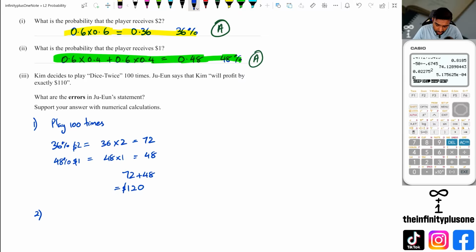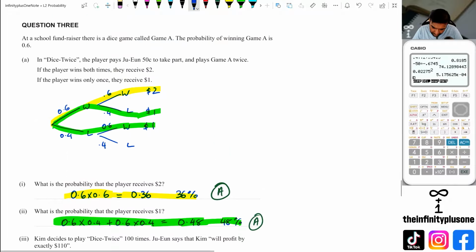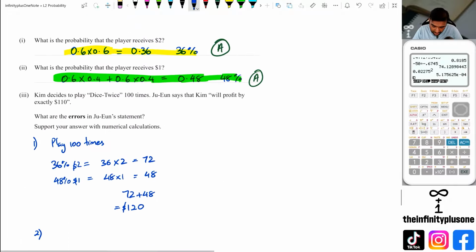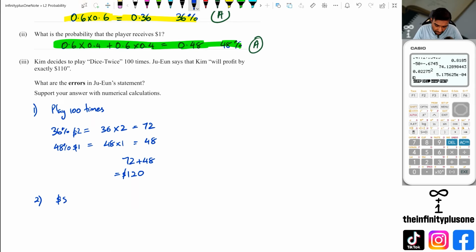Bullet point number 2 is, how much are you spending? You're playing the game 100 times, and I think it was 50 cents per game. Yeah, 50 cents, right, at question 8. So it's actually going to cost him $50 to play the game. And if we look at the probabilities from the previous one, theoretically he will make $120 profit, right?